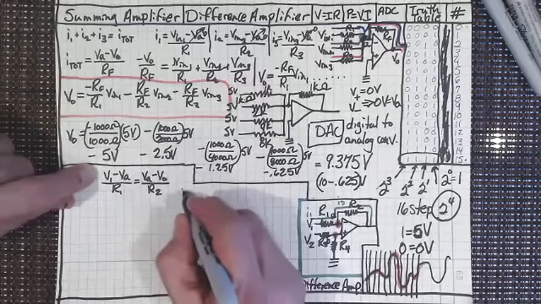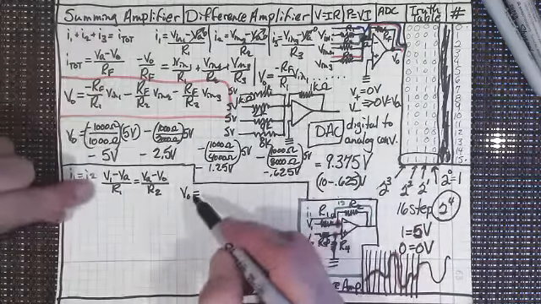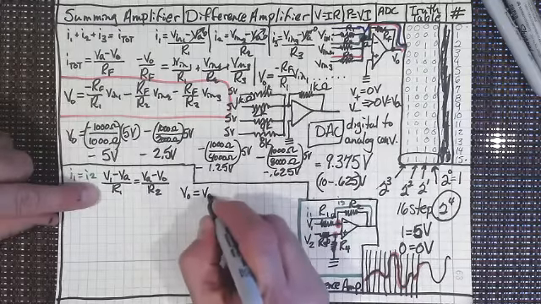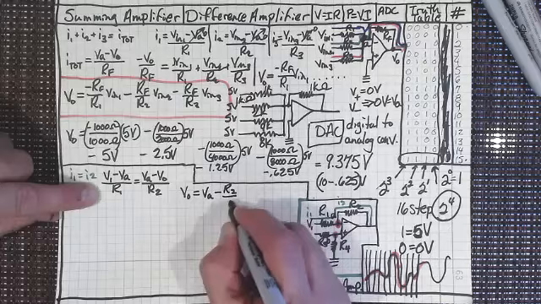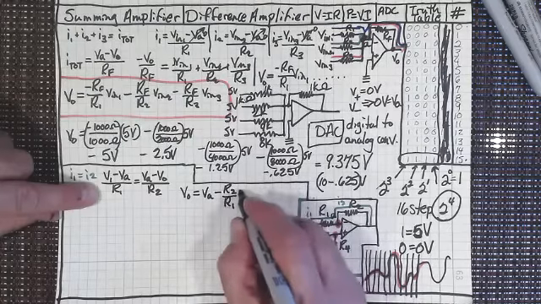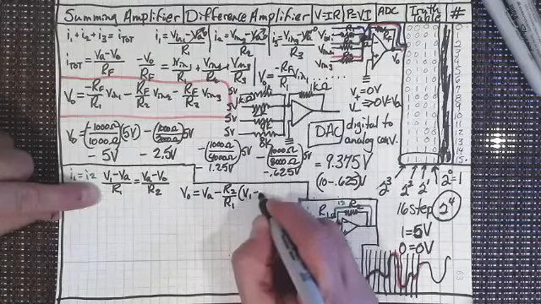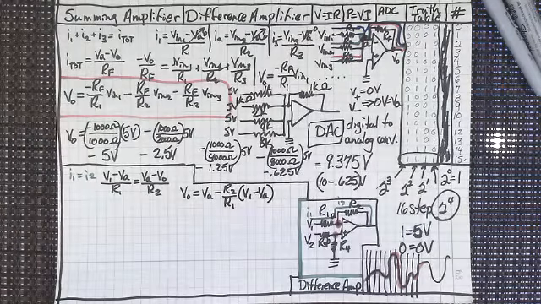That's right, I can. So V out is going to be V sub A minus R2 over R1 times V1 minus V sub A.